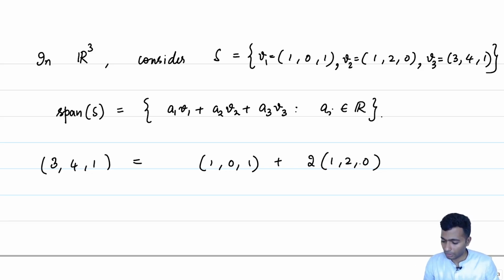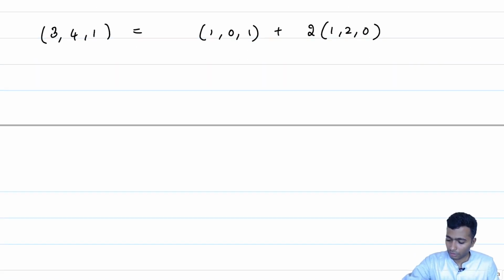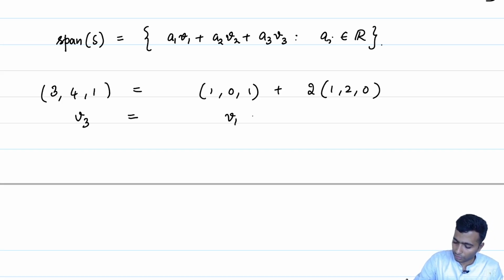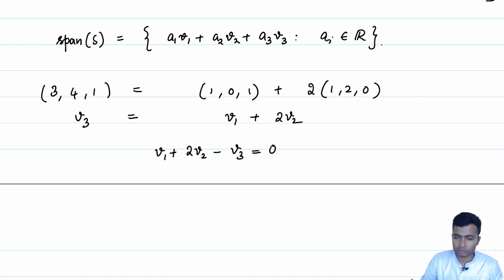Yes, exactly. So this is basically V3, V1 plus 2 times V2. Or let me put it in a box: V1 plus 2V2 minus 1 times V3 is equal to the 0 vector (0, 0, 0).